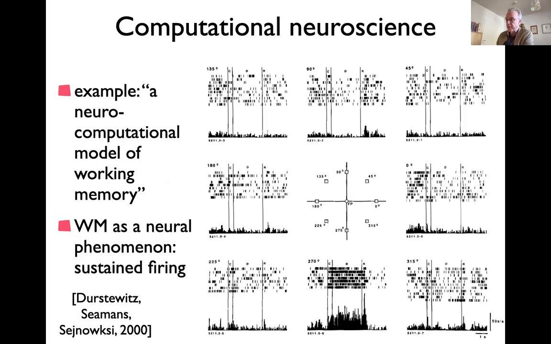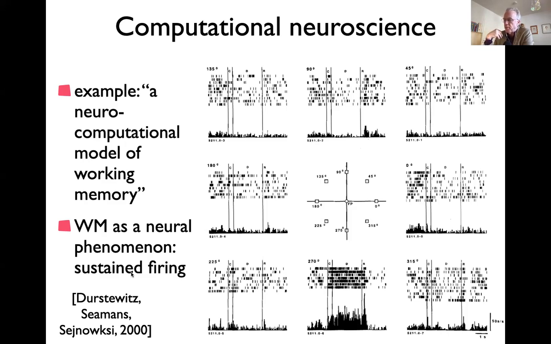So I'll give you one example. This is Daniel Durstewitz, who used to be at the Rosen University in past years, and is now in Mannheim. So he worked, for instance, on models of working memory for a while. Working memory is in some sense considered to be neurally done by sustained activation.